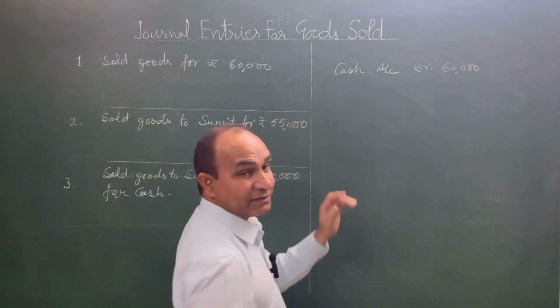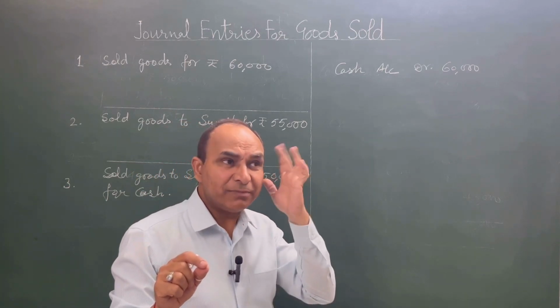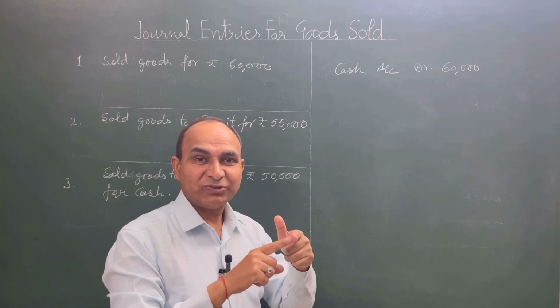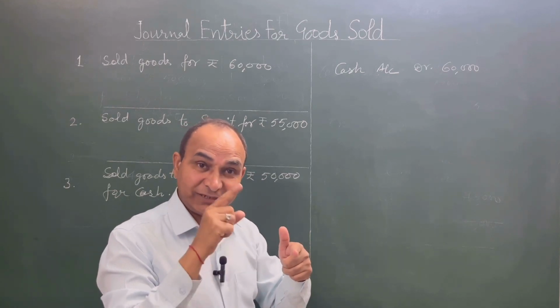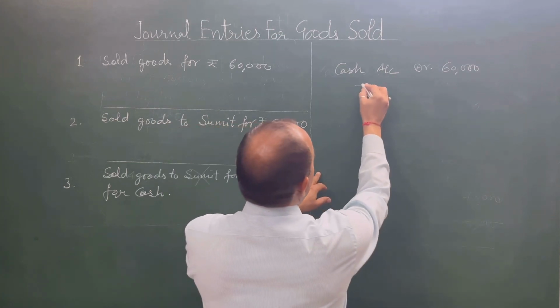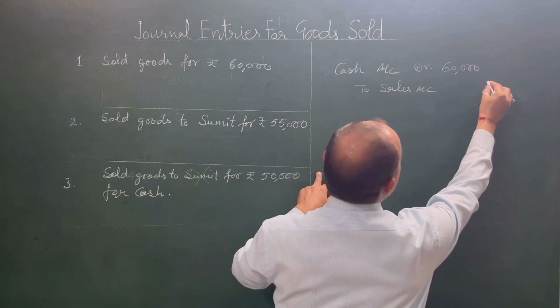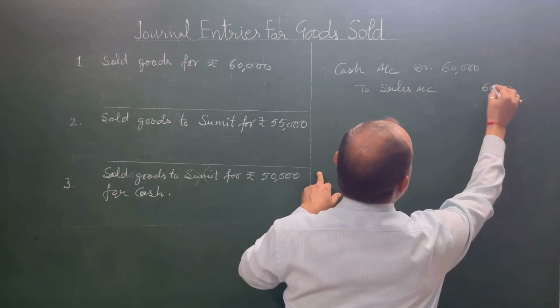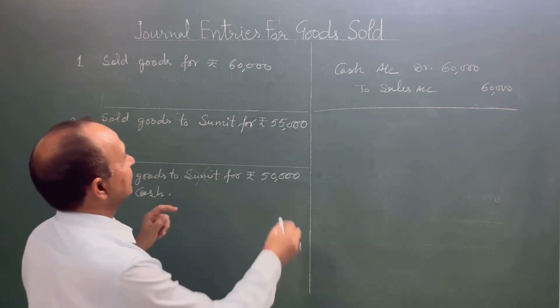And at the beginning of the lecture I told you sales account is always credited. Keep this in mind. Why? That is revenue, main source of income, that is a nominal account, that's why it will be credited. So cash account debit to sales account 60,000. So this is the first transaction and the first journal entry.